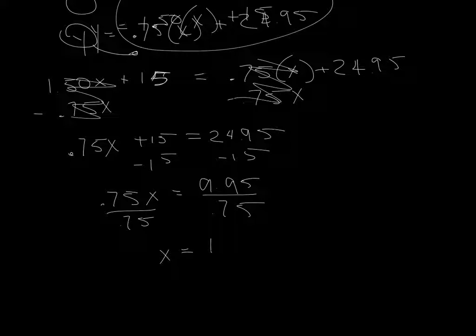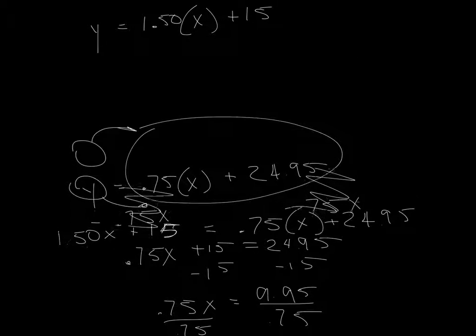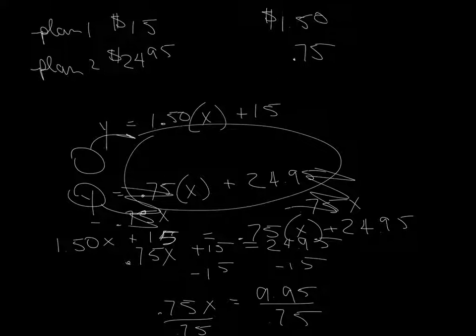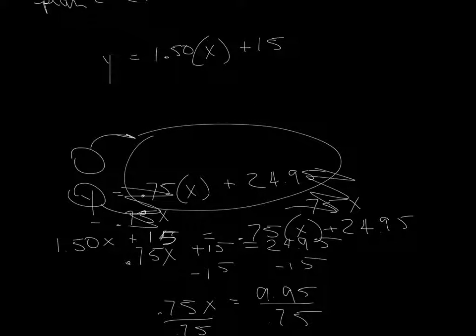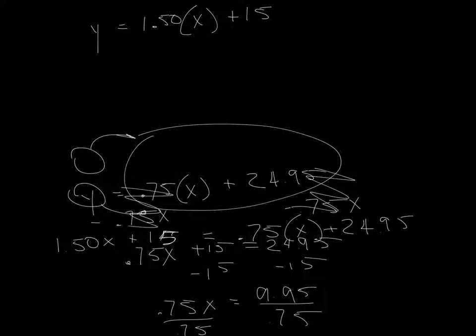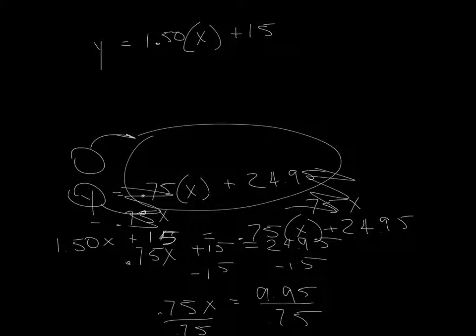And my x equals 13.27. Now if you remember from way up in the original problem here, our x value was how many minutes we talked on the phone.